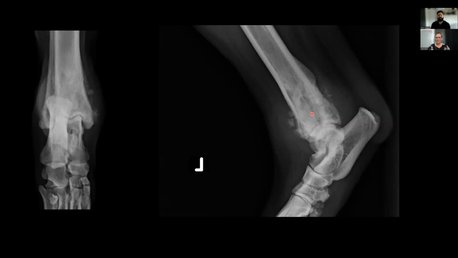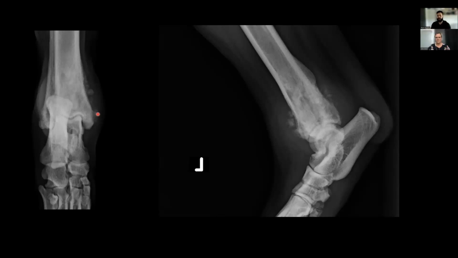The question that I have whenever I see a periosteal reaction like this is, is that periosteal reaction smooth or is it irregular? In this instance, we would call this an irregular periosteal reaction, especially when we look here on this lateral projection, the irregular margin. This kind of undulating, almost spiculated appearance to this cranial aspect is super irregular along both the cranial and caudal aspects, and similarly along this medial aspect, we've got an irregular periosteal reaction. So that's finding number one.